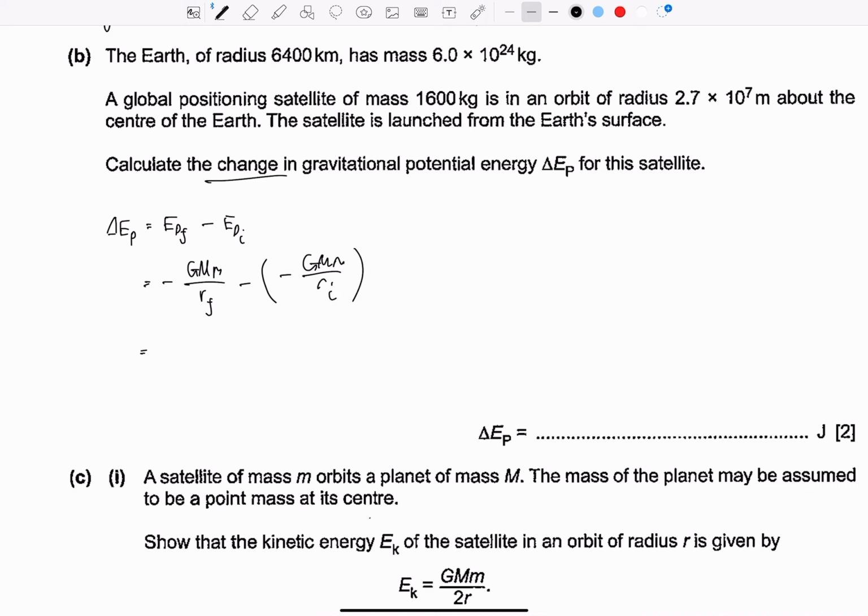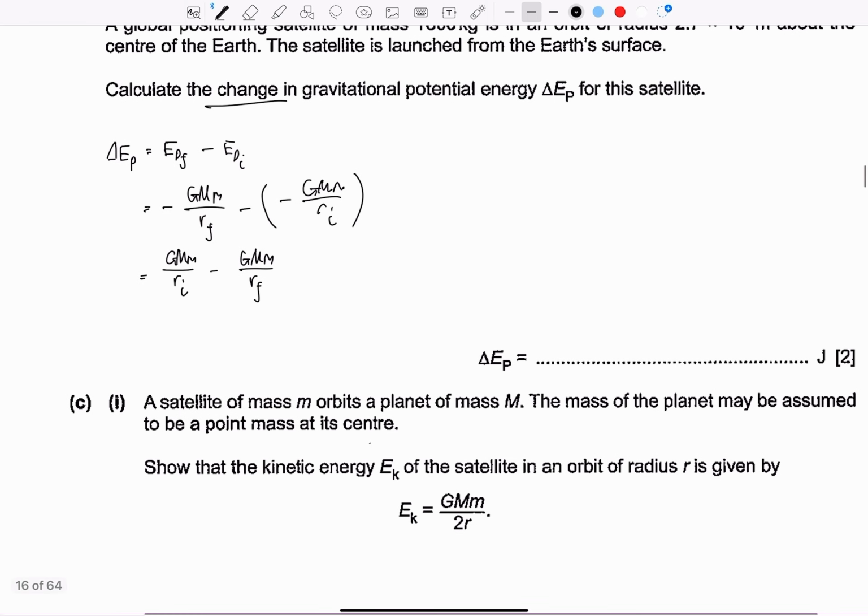So we can actually factorize out negative GMm, or rather, to make things simpler, we can flip it: GMm over r initial minus GMm over r final. That looks simpler.